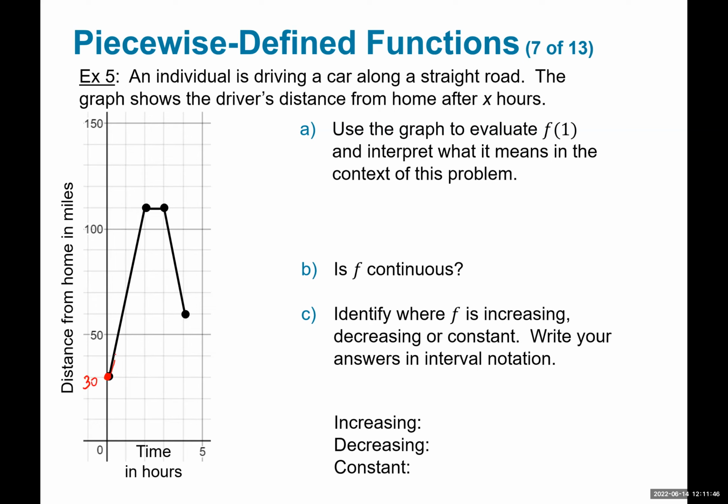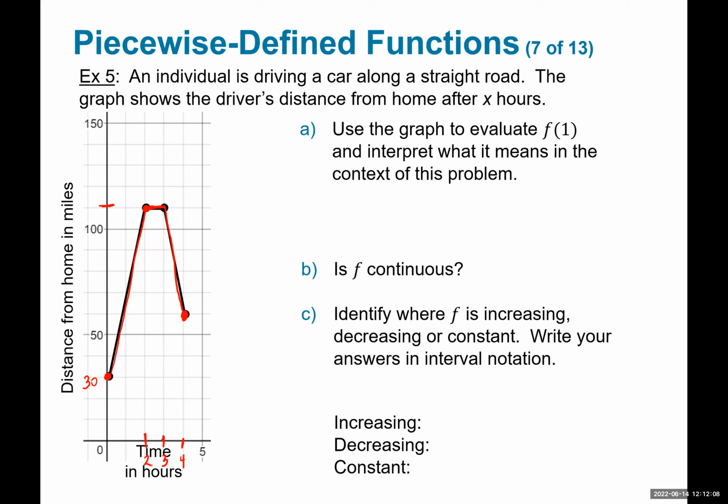Then it looks like they're traveling. After 2 hours, they reached their destination, which was 110 miles away from home. They stay there for about an hour. They get back in their car and drive back towards home, where they then make another stop after an hour.